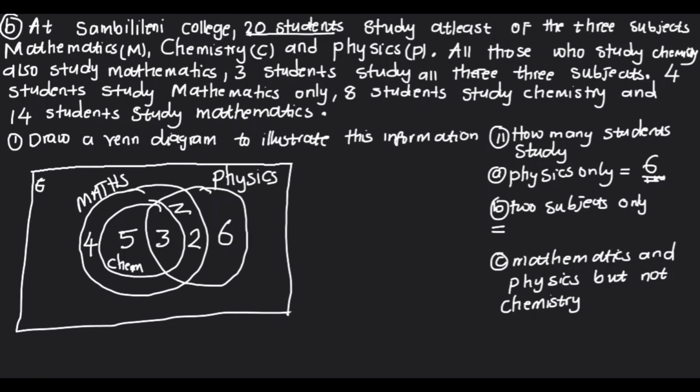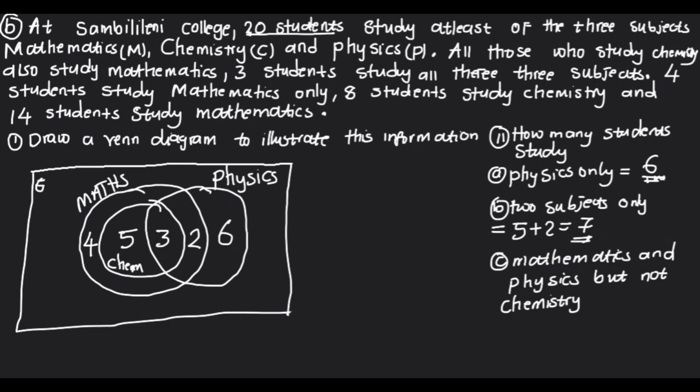So here we can see this region, it's 2 subjects only, physics and mathematics. Then also this is the 2 subjects only, chemistry and mathematics. So it is 5 plus 2. So 5 plus 2 will give us 7.